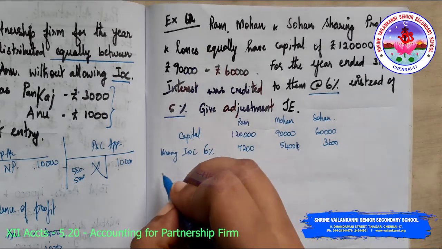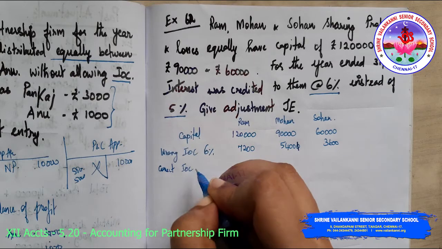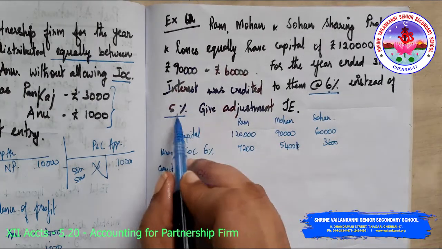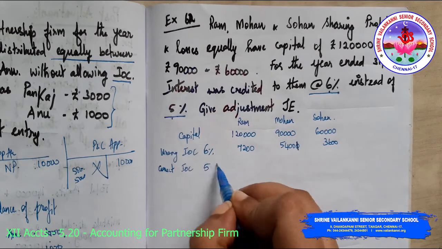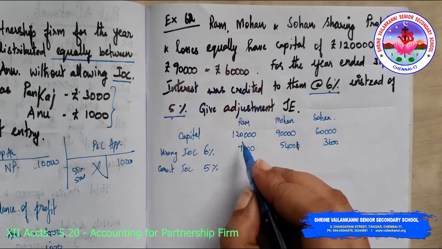Now what is the right? Correct interest on capital. Instead of 5%, they have provided 6. So 5% is the correct. What is 5%? 6,000.